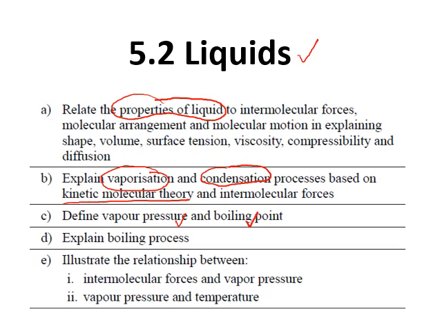Then we have to explain the boiling process, and at the same time we will know the difference and the similarity between boiling and vaporization. Last part, we are going to do the relationship among the intermolecular force, vapor pressure, and also the boiling point.